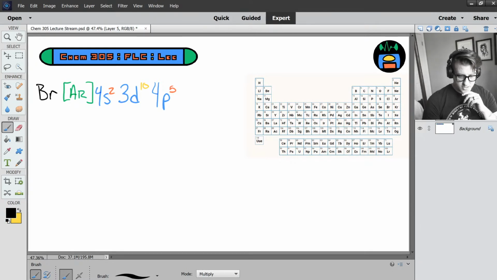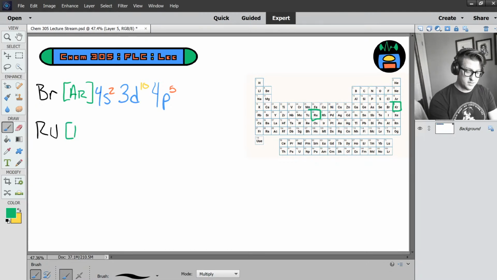Let's do another one. Ruthenium's a good example. First, we have to locate ruthenium, Ru, which is right here, number 44. Its nearest noble gas is Superman's home planet of Krypton.